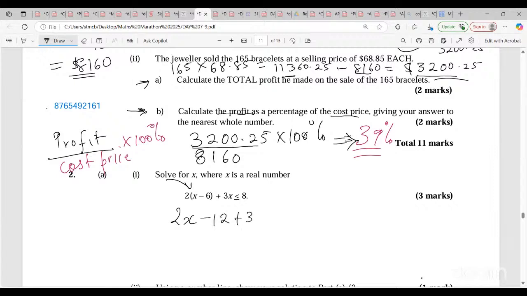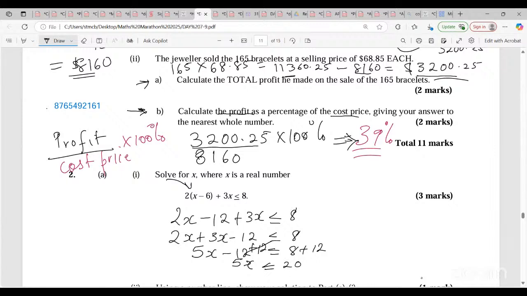No square is involved. Plus 3x, we add to get 5x minus 12, less than or equal to 8. So what we do, we add 12 to both sides. So now we have 5x less than or equal to 20. And the final step is to divide.